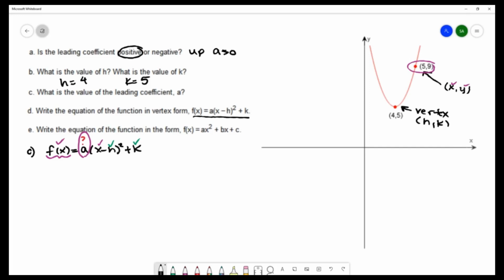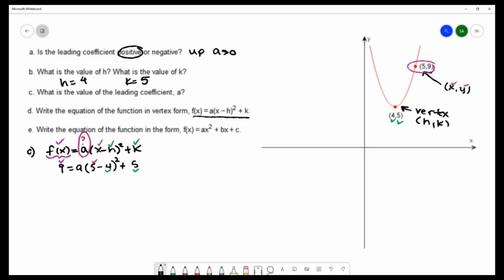So substituting those values in, we'll get 9 equals a times (5 minus 4) squared plus 5. So remember that this is the h and k here and here. And then we have our x and y, and that's how we substituted into our equation.